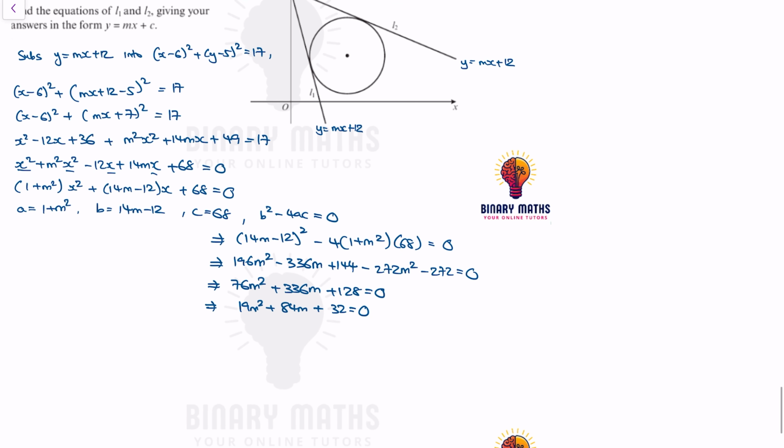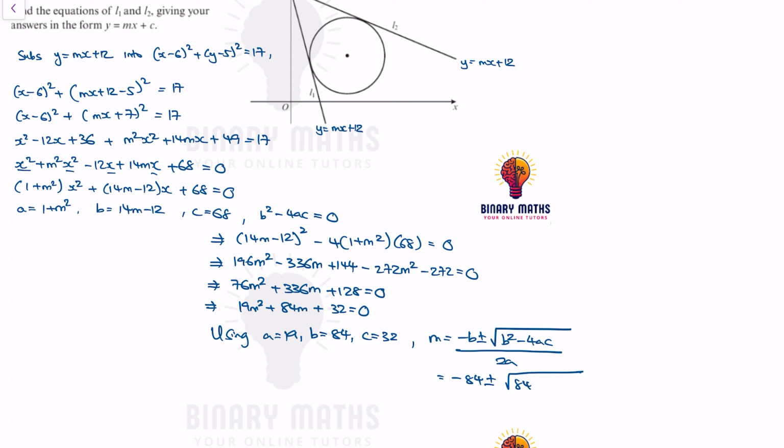Now using your calculator and the quadratic formula, with a equal to 19, b equal to 84, and c equal to 32, m is equal to minus b plus or minus root of b squared minus 4ac all over 2a, which is minus 84 plus or minus root of 84 squared minus 4 times 19 times 32 all over 2 times 19, which gives me m is equal to negative 8 over 19 and m is equal to minus 4.